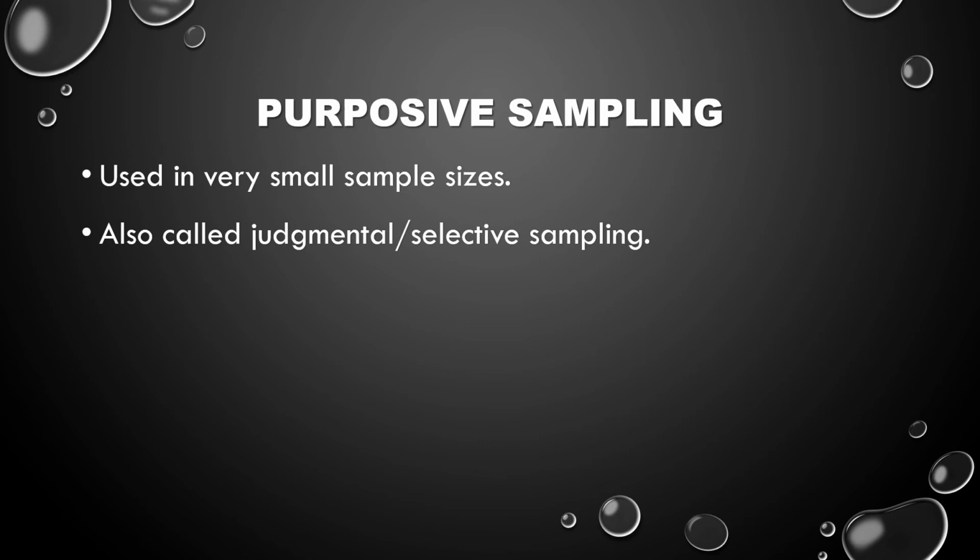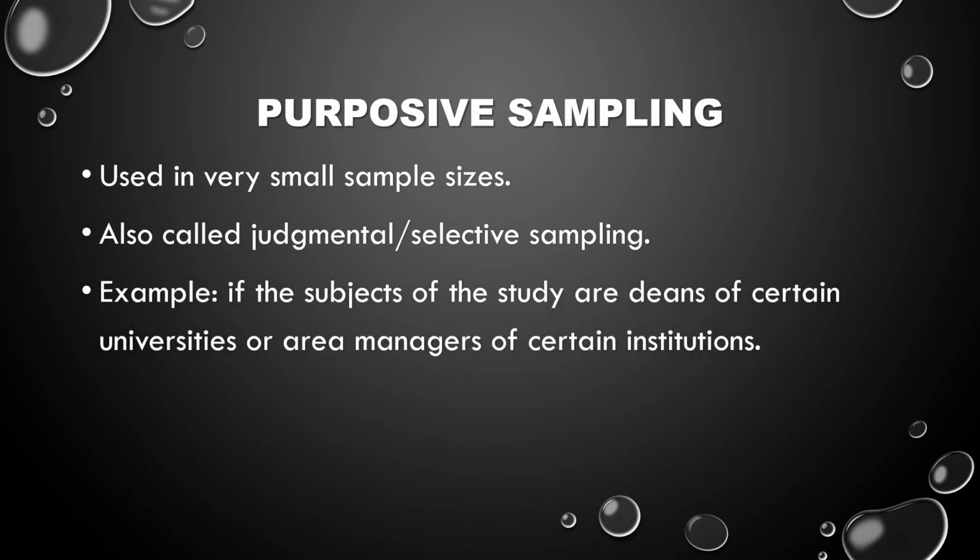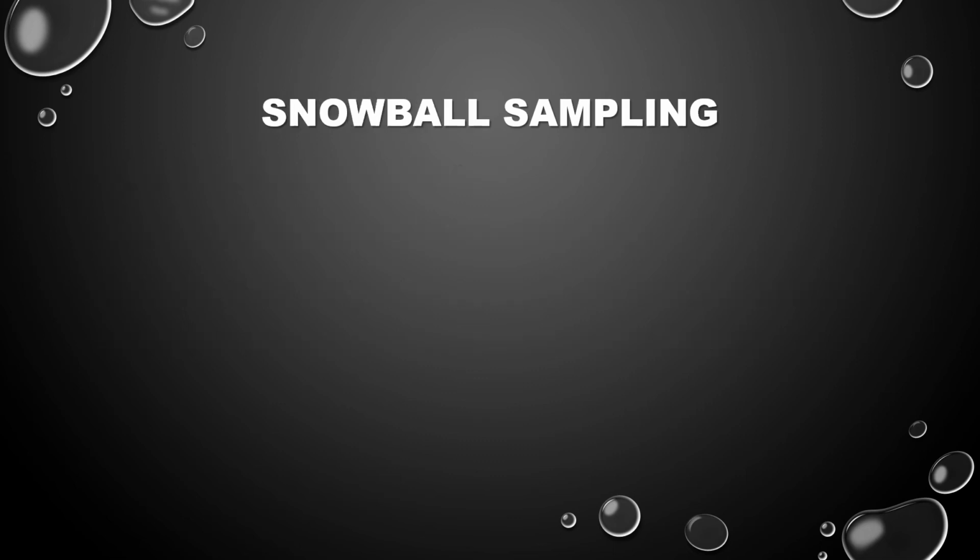And this is also known as selective sampling. An example is if the subjects of the study are deans of certain universities or area managers of certain institutions, so who will be your sample? That will be the deans, and so with the managers, because that sample fits your study. Okay? Next is snowball sampling.